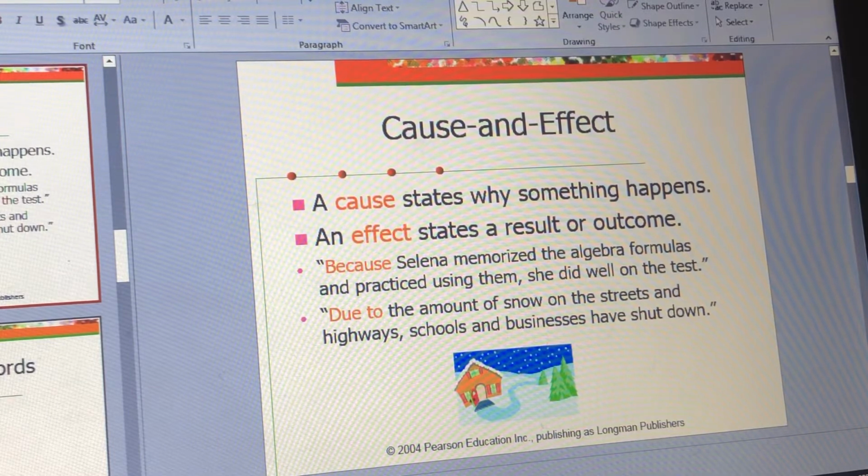Cause and effect arguing is a really important technique that you might end up doing for your argumentative essay. It's always really important when you're looking at cause and effect to show that you have to prove the relationship between the cause and the effect. Cause states why something happens, and effect states the outcome or result.